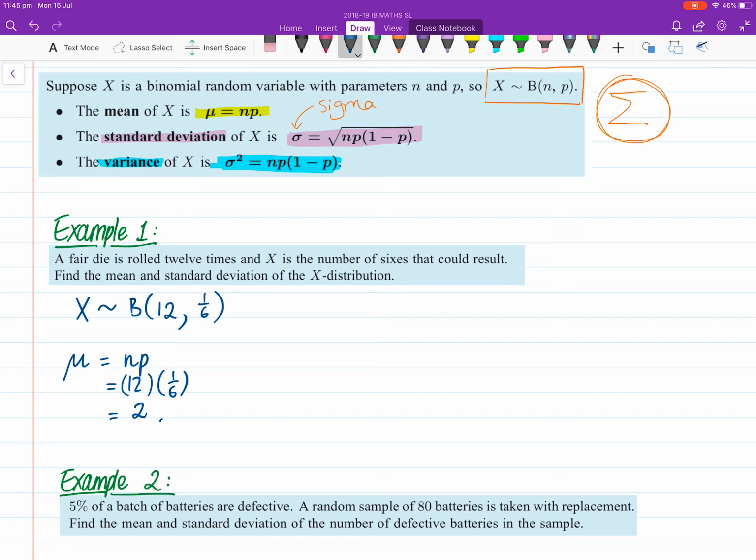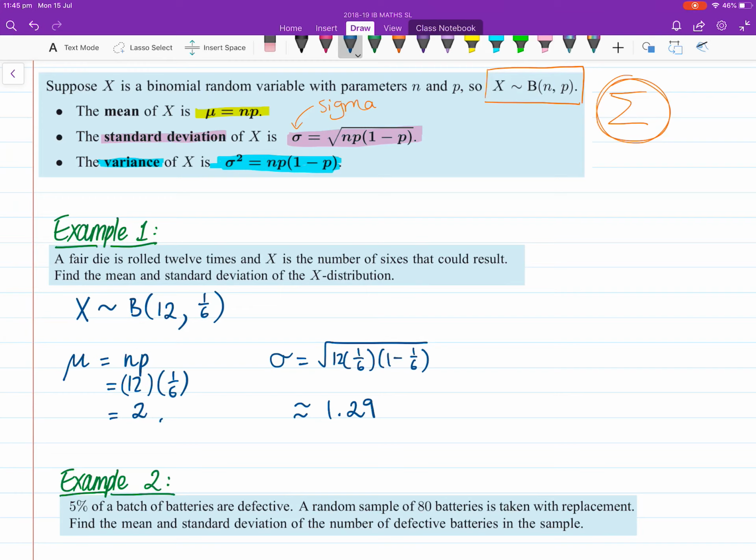For the standard deviation, sigma equals the square root of n times p times 1 minus p, so 12 times 1 on 6 times 5 on 6. Put it in the calculator and you should get around 1.29.